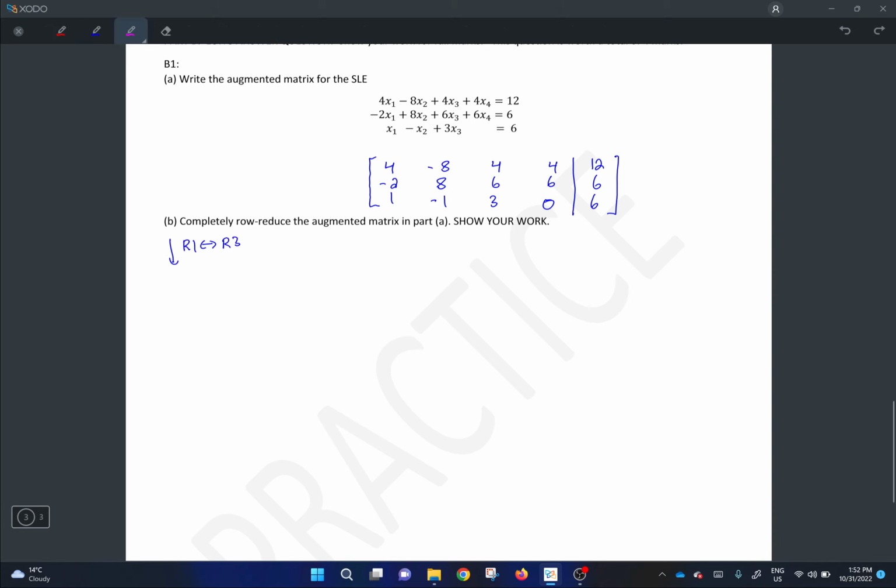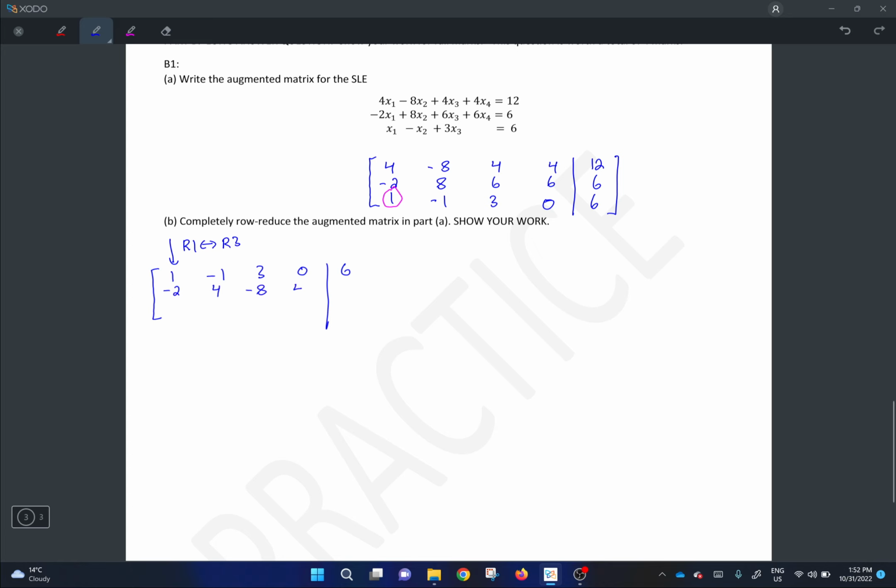So I'm looking at this leading 1, and it's not very happy because it wants to be at the top if it can be at the top. So if we do this one first move, we'll have 1, negative 1, 3, 0, 6. And then row 2 stays where it is.